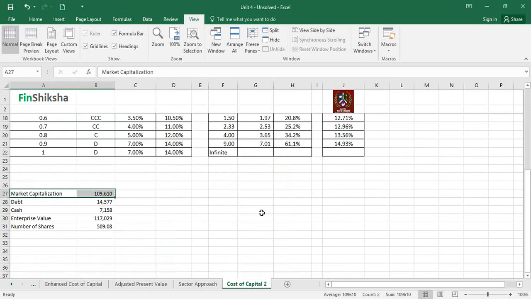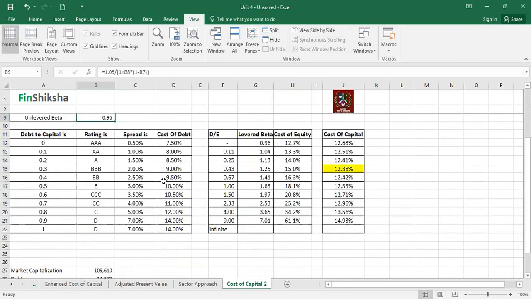So the market value of equity at this point of time for Apollo Tyres is 109,000 million, and when you divide the debt by equity, you get this number at 0.13. The current enterprise value is market cap plus debt minus cash, which is 117029. The number of shares outstanding is about 509 million shares that the company has.